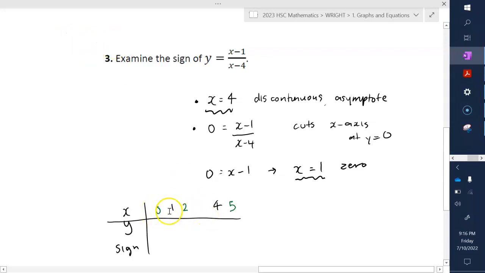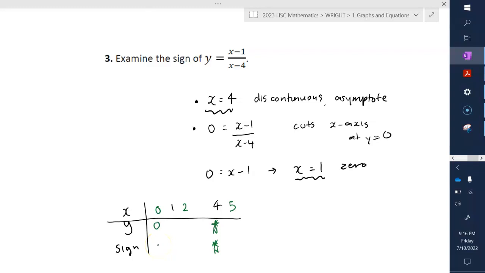So if we pop those x values in here, we're going to get the y values. We know that when x is 4, it's discontinuous, so we don't get a value for y. There's nothing in there at all. There's no value. You can put a star or an n for nothing. When x is 1, it's 0. It's where it cuts the x-axis.